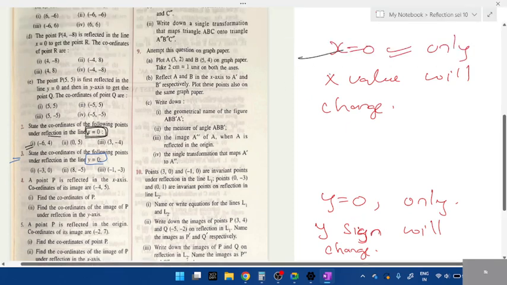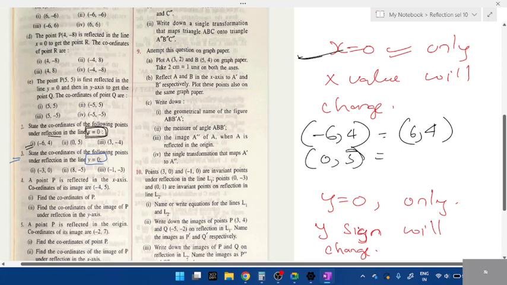Make a note. Now based on this, can you tell me the first question? Minus 6, comma 4. If x is 0, which value will change? The x sign will change. So minus 6 becomes 6, comma 4. Now tell me the answer for 0, comma 5, students. 0 is neutral.